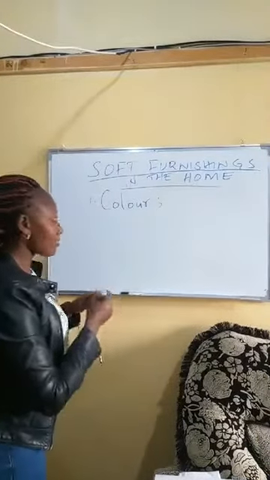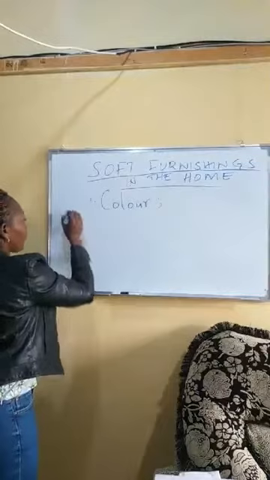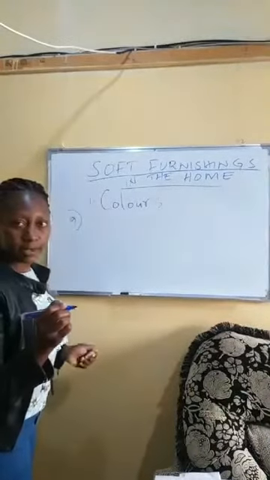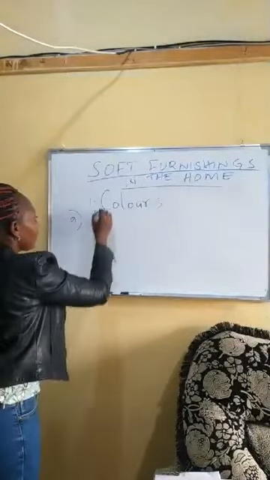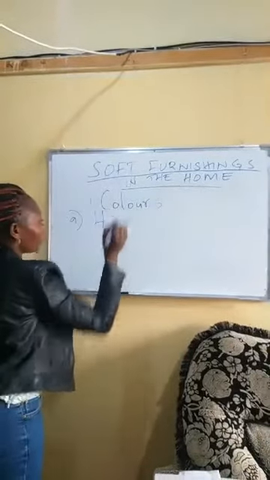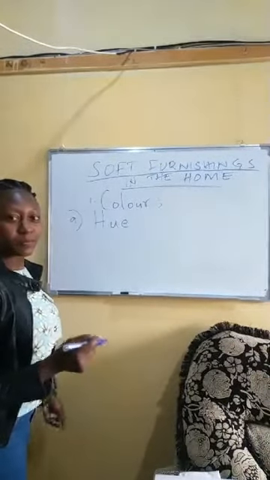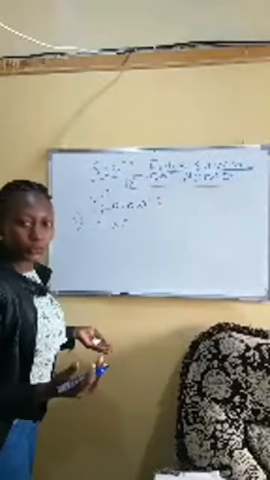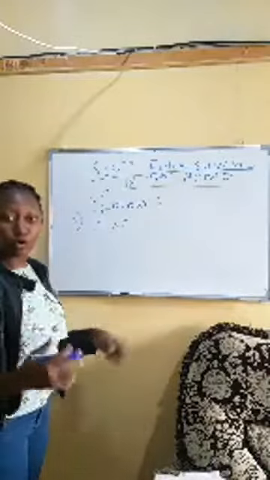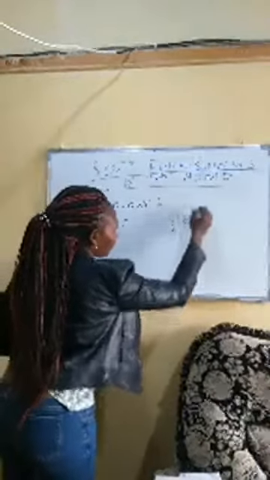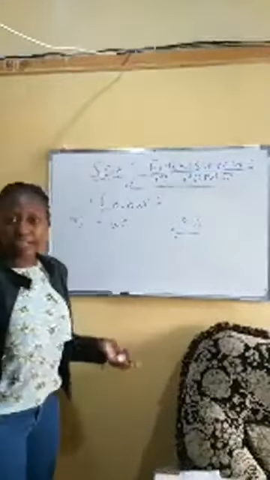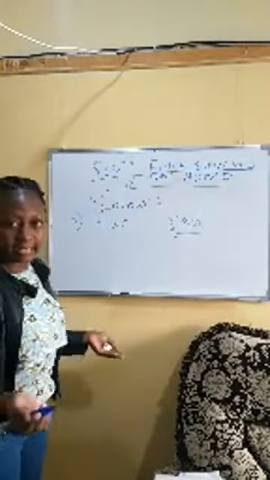The first term that is very relevant when we talk about color is what we call hue. Hue simply means color. So when I say hue, I'm talking of color. So for example, we can have red. Red is a hue, or it's a color.